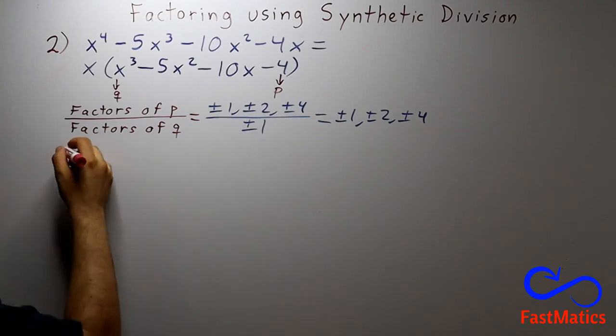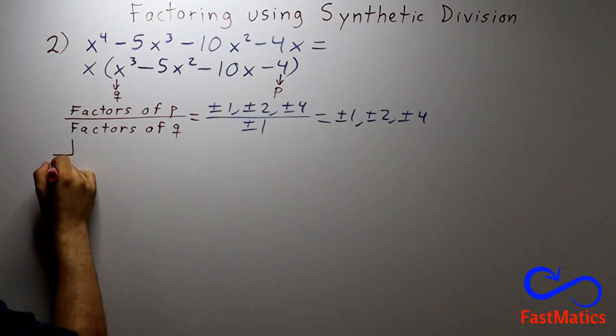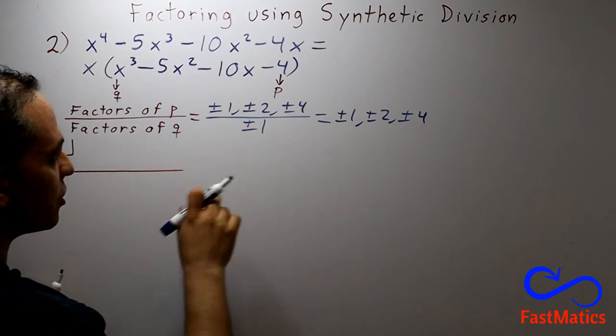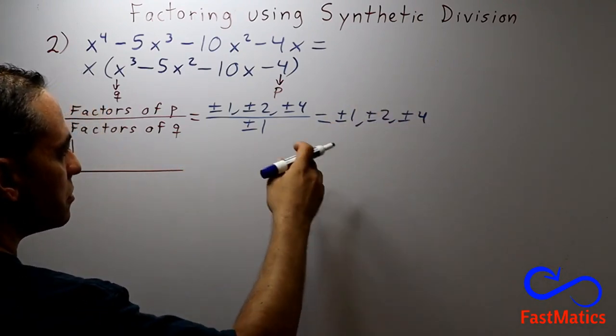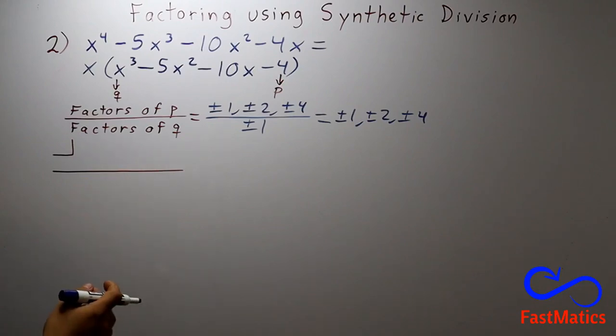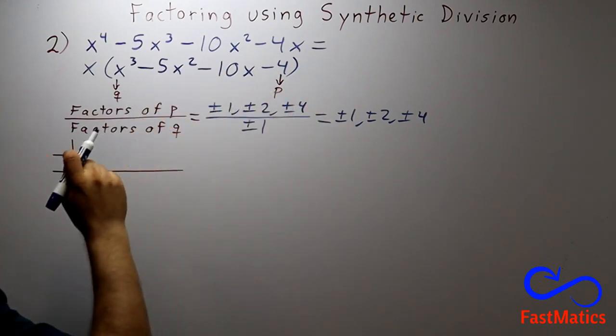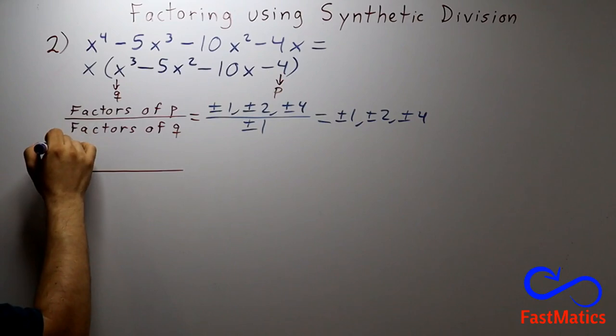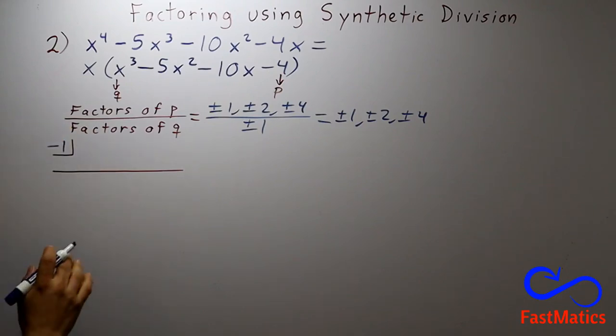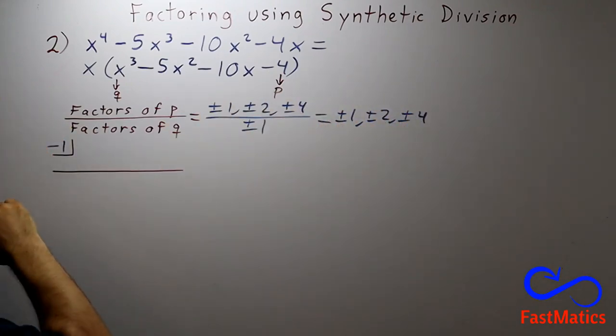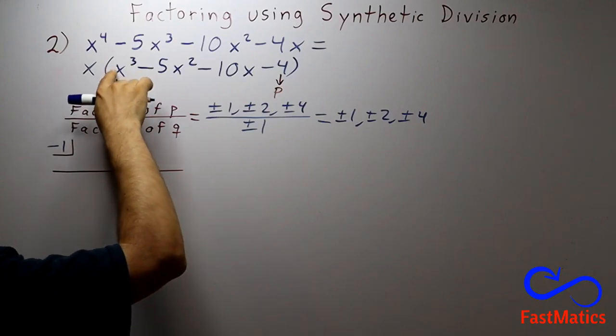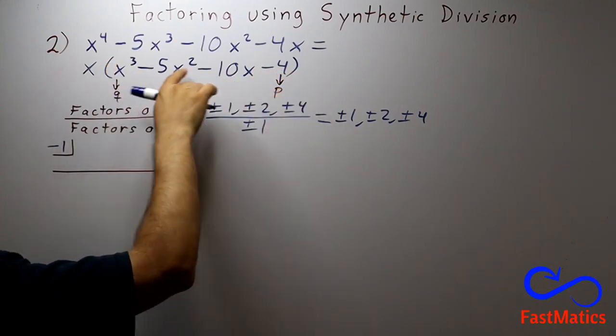And now we are going to use the numbers that we have got to help for the factorization. Maybe I could try with negative 1. No matter what number.